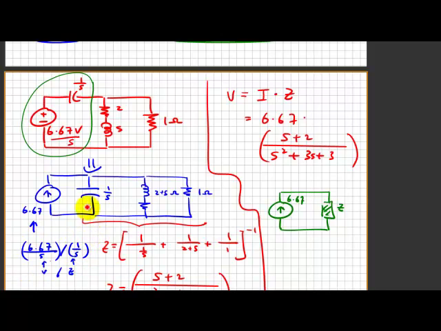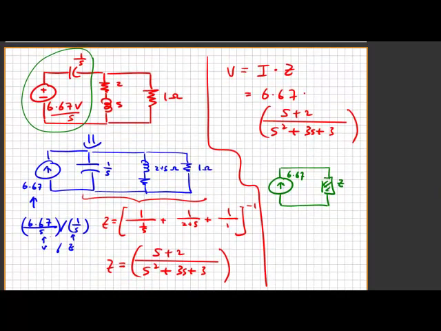With this equivalent circuit, it's more intuitive now. You have 3 individual impedances, which you can compress into a single equivalent: Z equals 1 over s plus 1 over 2 plus s, plus 1 over 1 ohm, and then you invert the entire thing as minus 1. This is the equivalent impedance you learned before from Circuits 1.